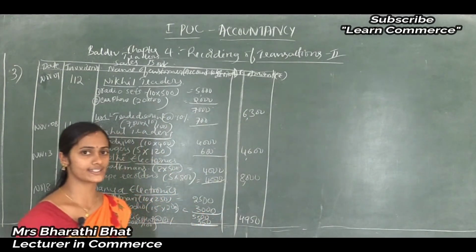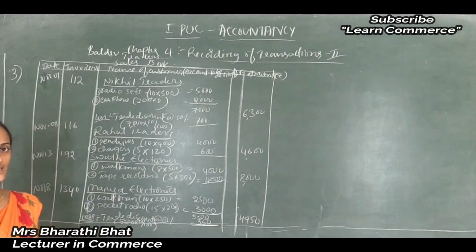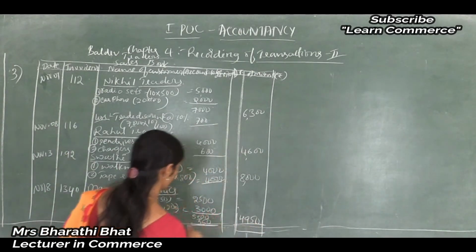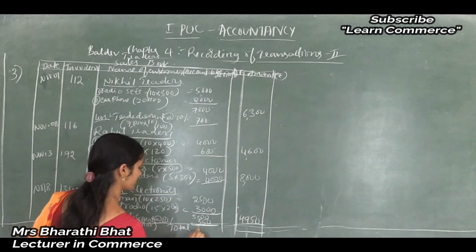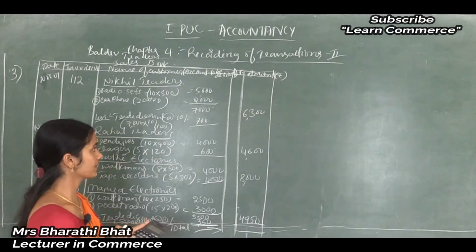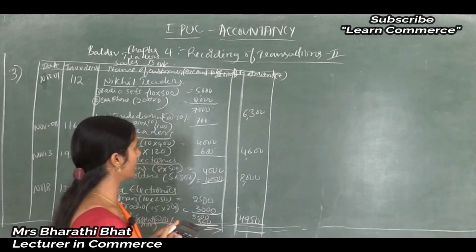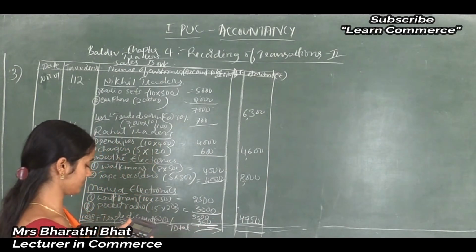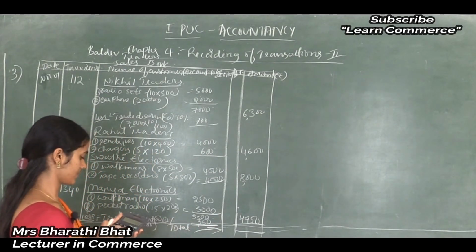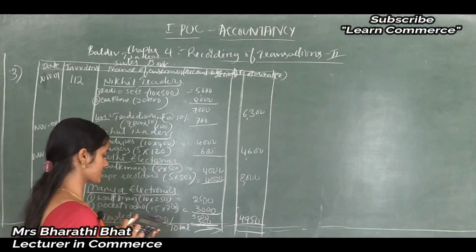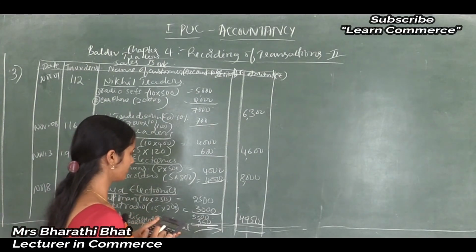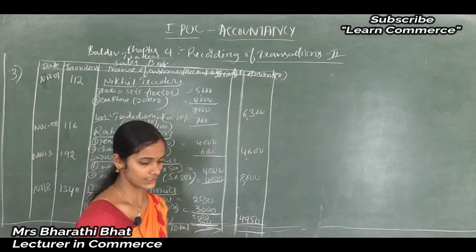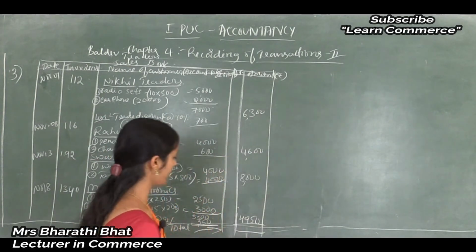So we covered all the transactions. For one transaction we have to give a note, and total it. Total: 6,300 plus 4,600 plus 8,000 plus 4,950. Total comes to 23,850.